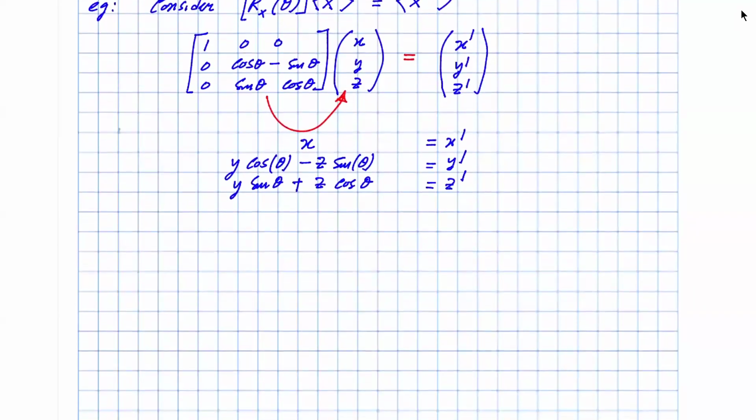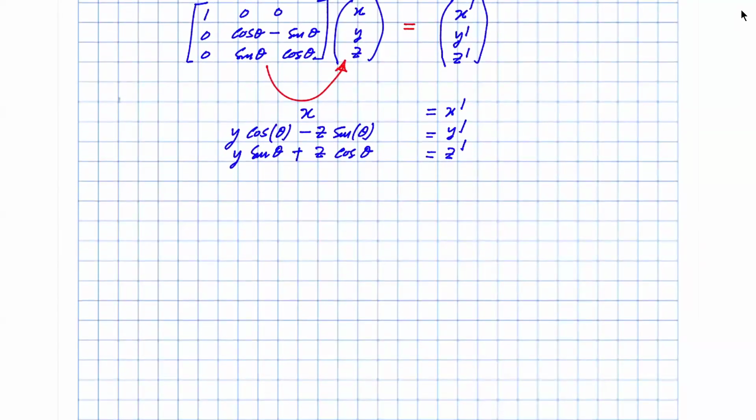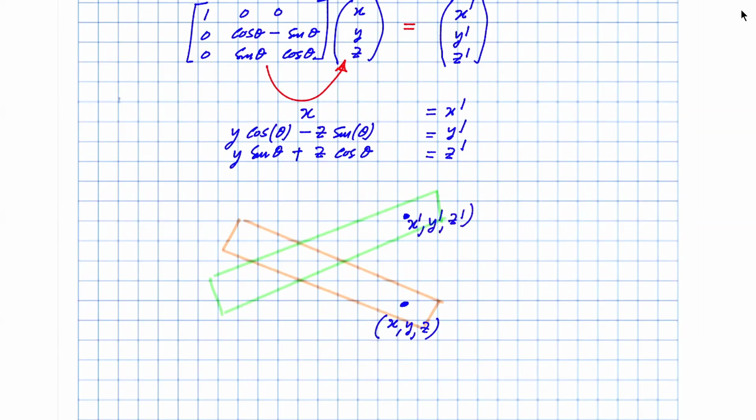So the picture would be this. You have this original, and this is after rotation. This point is the x, y, z point, and this point is the x prime, y prime, z prime point.